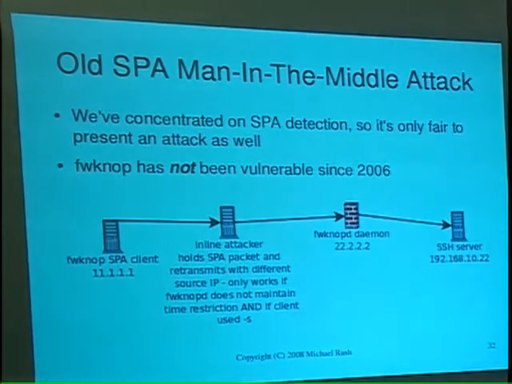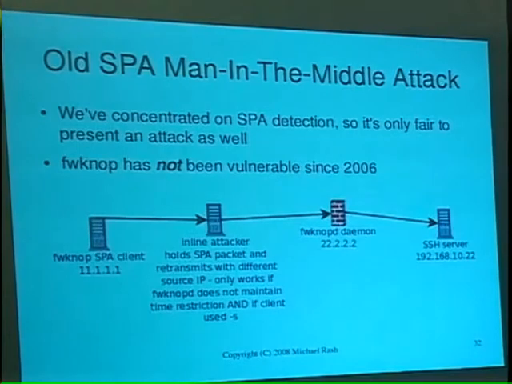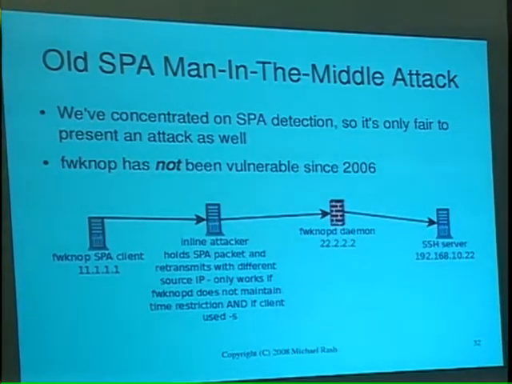Okay, so let's talk about an attack against SPA. This one, I think, was particularly elegant. It came out two years ago, in 2006. It's featured in a master's thesis written by Sébastien Jeanquier. I'm sorry if I'm mispronouncing your name. Basically, the fwknop daemon had no notion of maintaining a timestamp on incoming SPA packets.